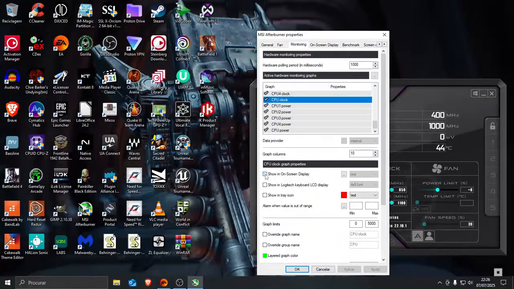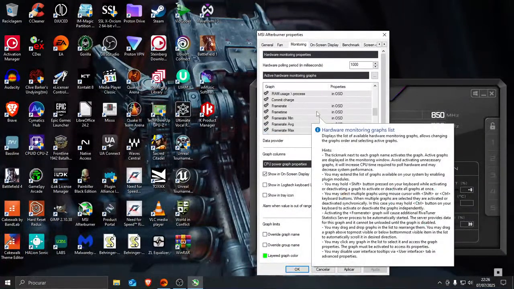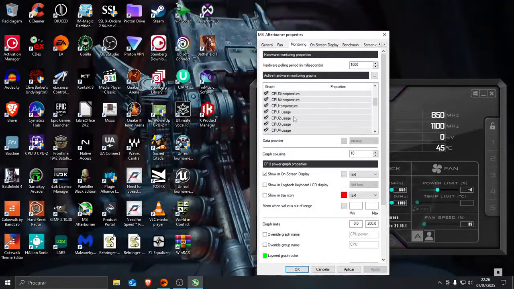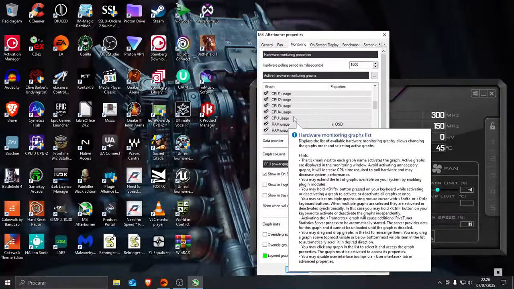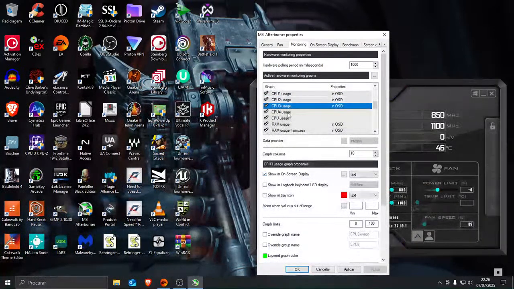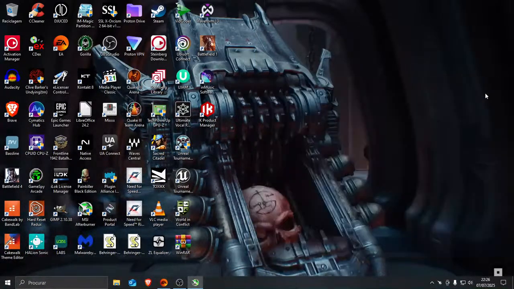We add this one, and then CPU power, we add this one. I'm not going to show every individual clock, but frame rate, commit charge, CPU usage. We put this one also, so we can get a little bit of an idea if there are any bottlenecks going on. That I actually highly doubt, but there you go.